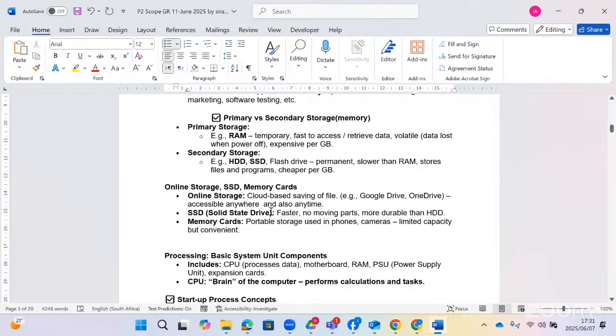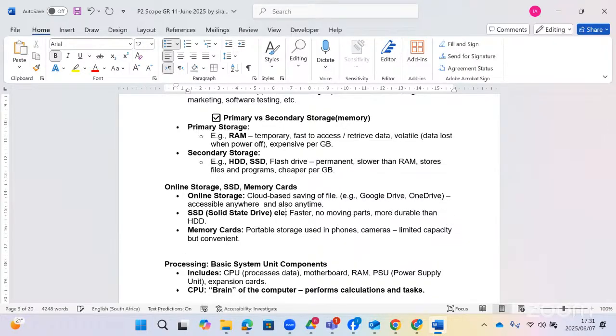Right. Now, SSD, solid state drive, the newer type of internal storage, which is replacing the hard drive. The solid state drive is electronic, just like flash drive. In other words, they have a board inside it, so that makes it faster to retrieve data.